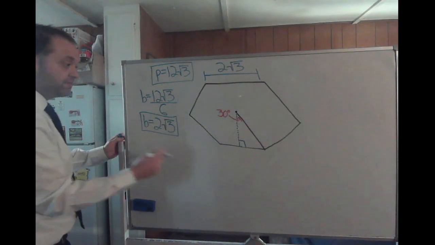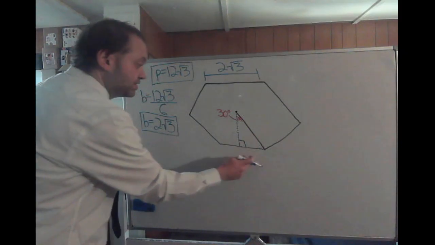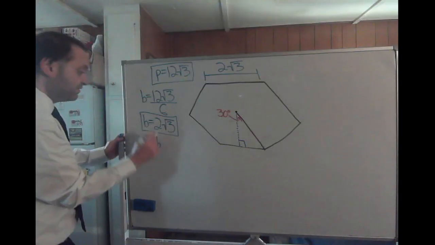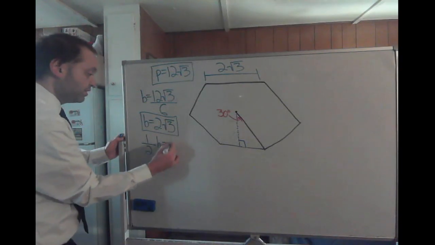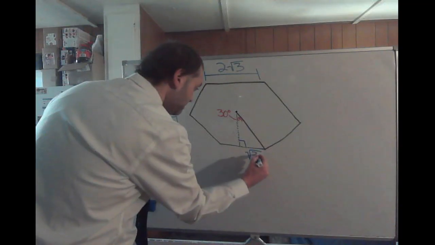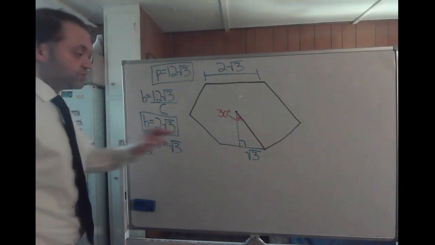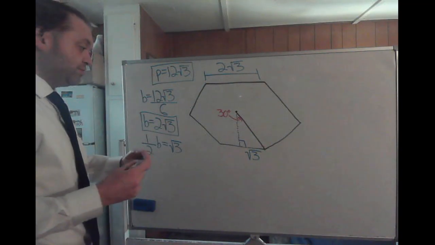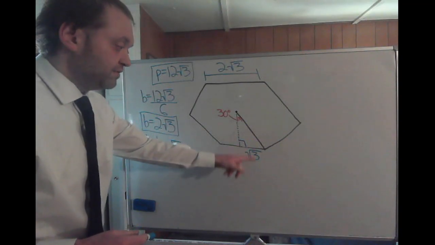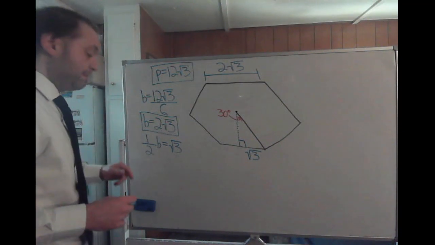Now, we want to find the length of half the base here for this right triangle. Well, half the base is just half of that value. That's going to equal the square root of 3. So, for this 30, 60, 90 right triangle, the length of half the base, which would be the shorter leg of it, would be square root of 3.